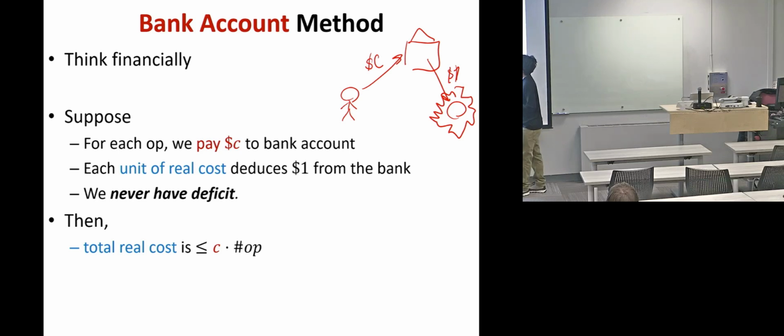Because on each operation you pay C to the bank, so the total money that you put into the bank is at most C times the number of operations. On each operation, sometimes the algorithm might deduct more than C. That doesn't matter, but you know that at the end of the day, you have more than zero money in the bank. So it means that whatever you have paid so far is enough for the cost.